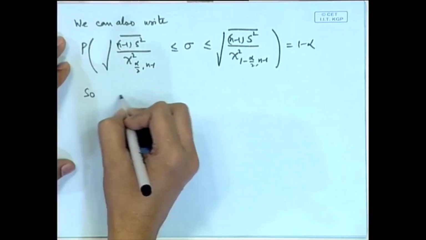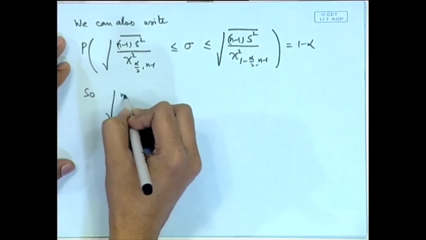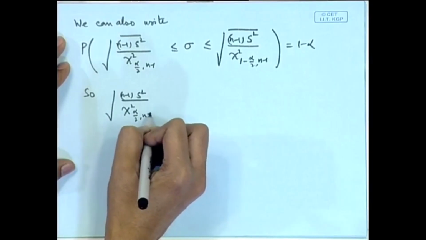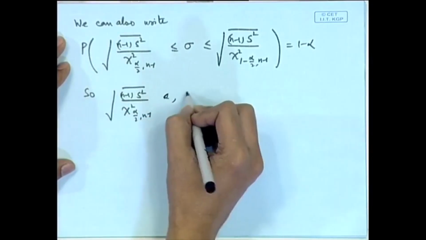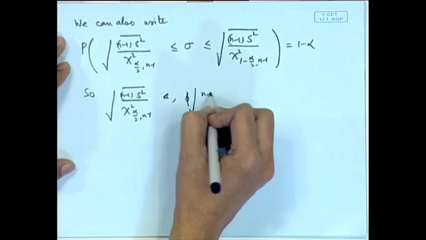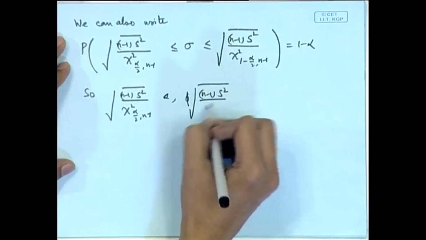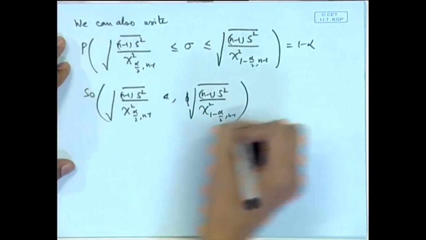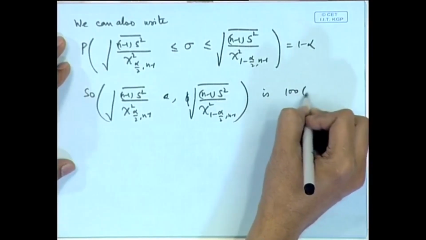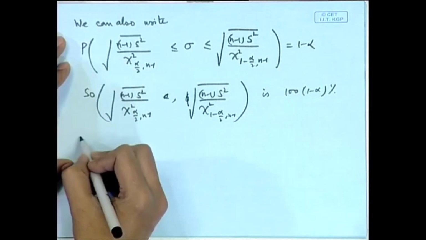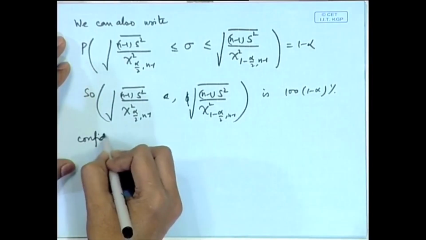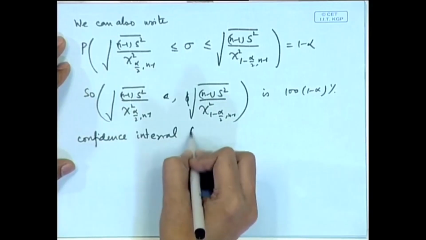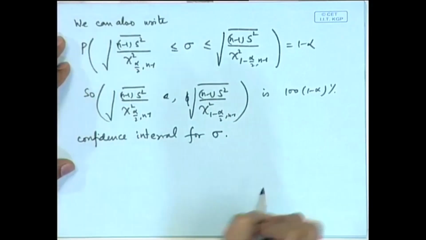So, this root n minus 1 s square by chi square alpha by 2 n minus 1 to root n minus 1 s square by chi square 1 minus alpha by 2 n minus 1 is a 100 1 minus alpha percent confidence interval for sigma.